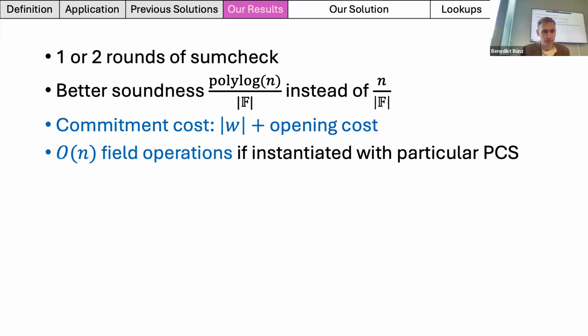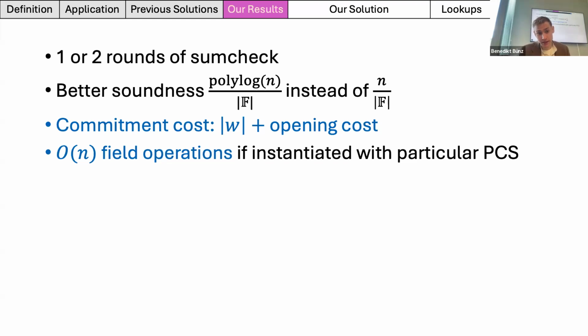We basically have 2 solutions. This is where the linear star comes in. One solution has O of n field operations, and can be instantiated with PCSs that allow you to commit to sparse witnesses efficiently, where the main commitment cost only depends on the number of non-zero elements.